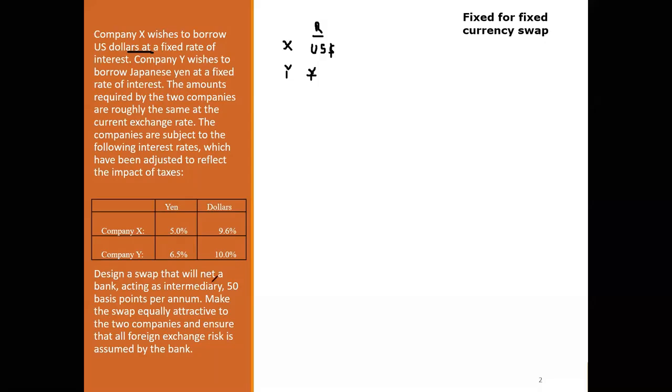And the requirement is to design a swap that will net a bank acting as an intermediary 50 basis points per annum. So this 50 basis points is the fee that is required by the financial intermediary.